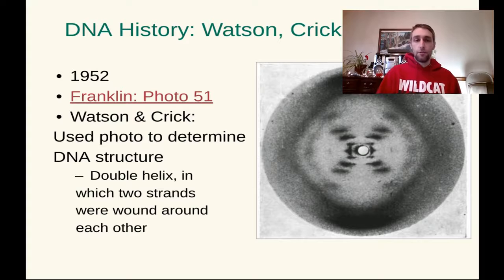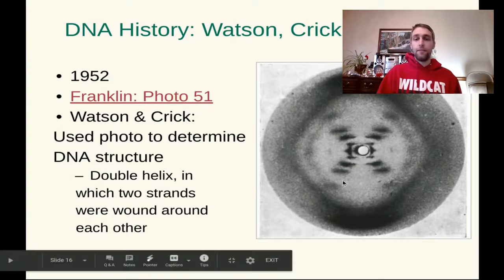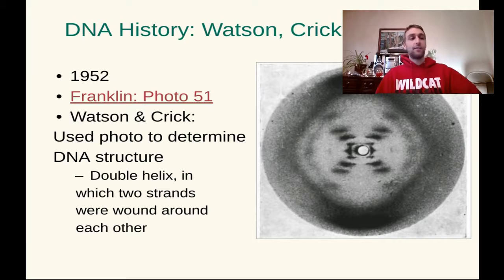She took this photo called Photo 51 that was used to determine the structure, and she didn't get any credit. She didn't get the Nobel Prize. She died before she could receive recognition for the work that she'd done. And there's actually a rule with the Nobel Prize that you can't earn it after you're dead. So it's kind of too late to go back and give her credit for the work that she did.